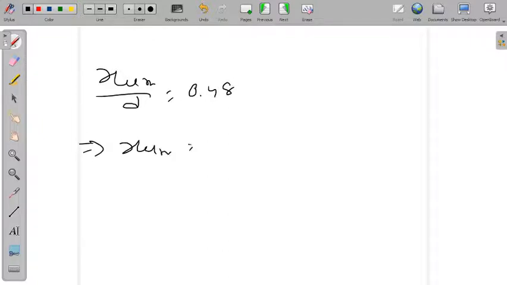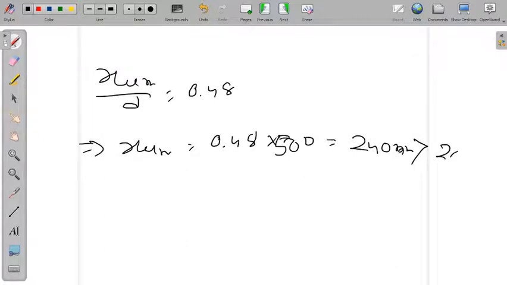So xu max equals 0.48 into d. d was 500 and b is 300. So if I multiply 0.48 by 500, it comes out 240 mm. This is greater than xu, which is 209.94 mm. That means we can say it is an under reinforced section.